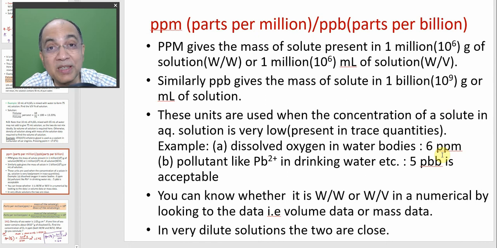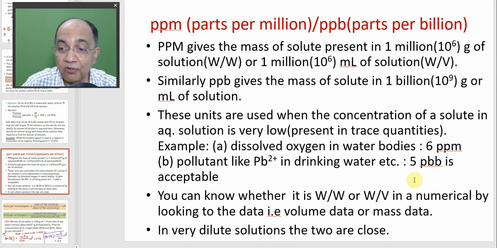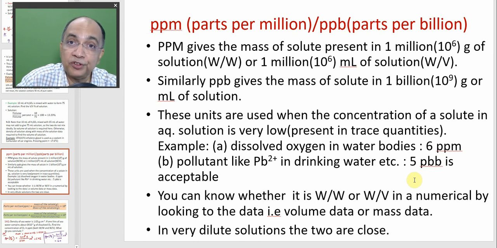For example, you take seawater. Seawater density is not very, very low. I mean, it's not exactly equal to 1. It has got a high concentration of many minerals, including our common salt, table salt. So its density is 1.09.